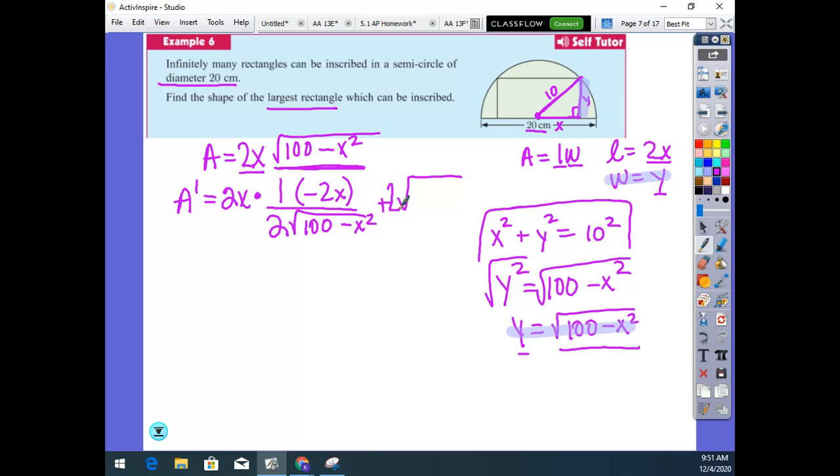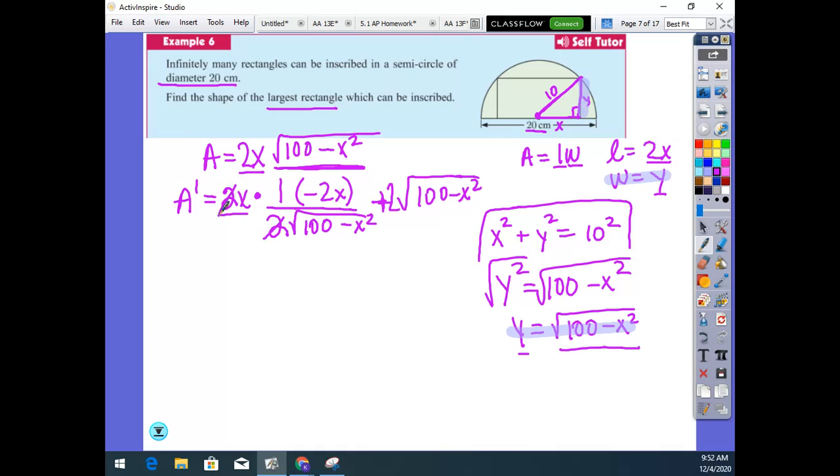So I'm going to put that 2 in the front because otherwise you might kind of lose that. So this was our product rule, taking 2x times the derivative of the square root plus the square root times the derivative of 2x. So this is kind of a hot mess.